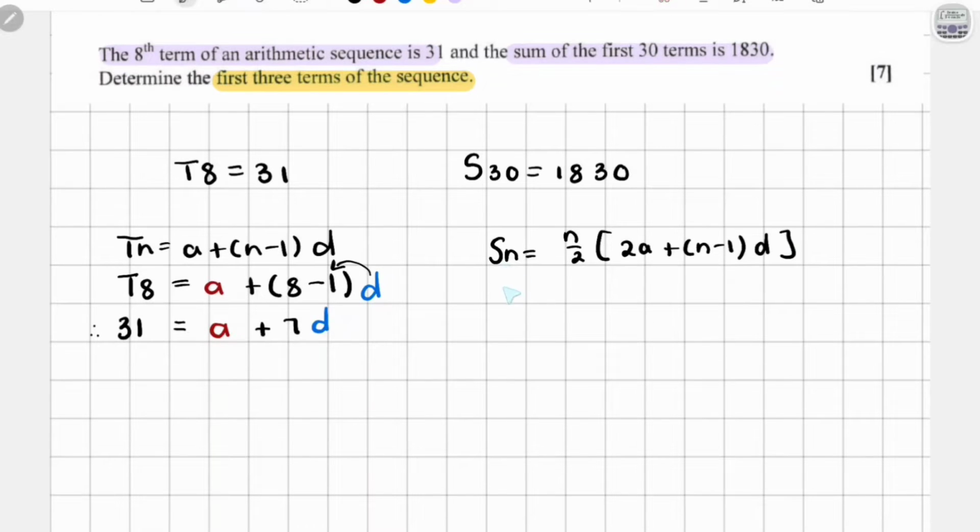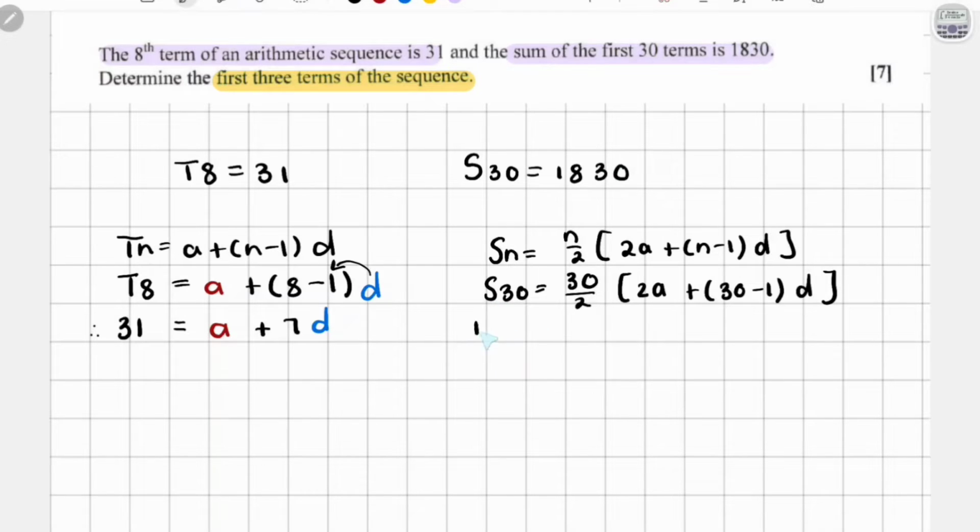Okay, so let's go ahead and substitute. So we're saying S of 30 terms is equal to n is 30 over 2 multiplied by 2 times a, we don't know what a is, plus n is 30 minus 1 times d. Okay, we also don't know what d is. Then we know what S30 is. So we're going to replace that.